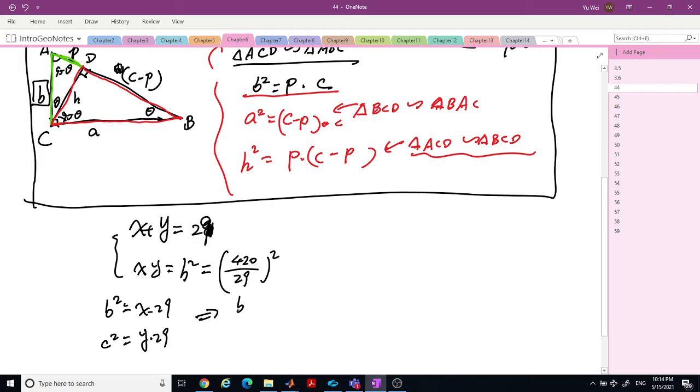So we know B is equal to root 29 root X, and C is root 29 root Y, right?